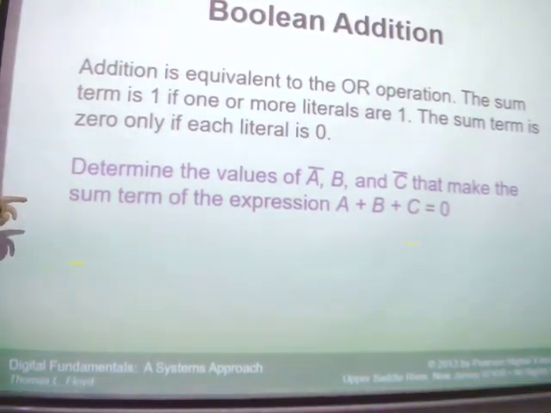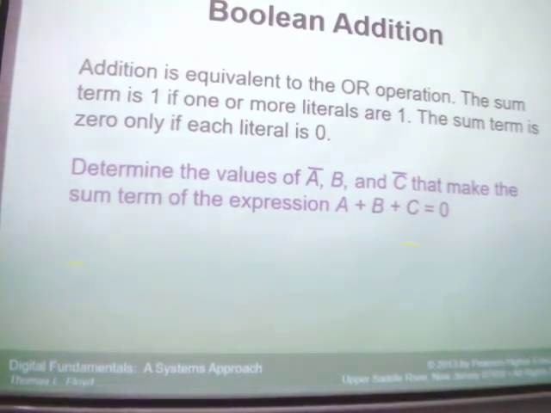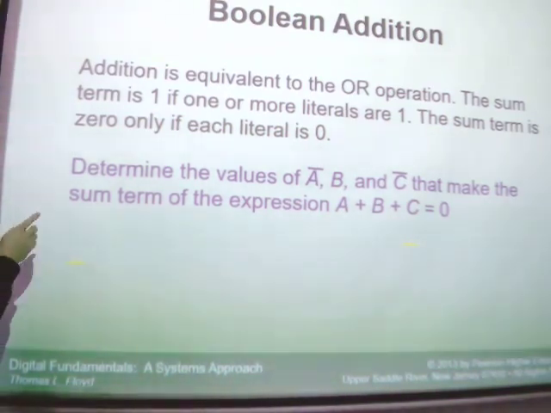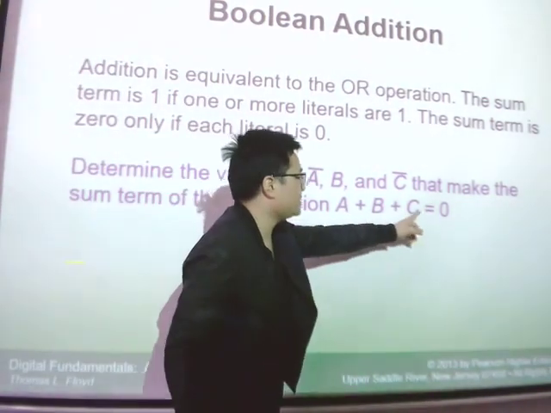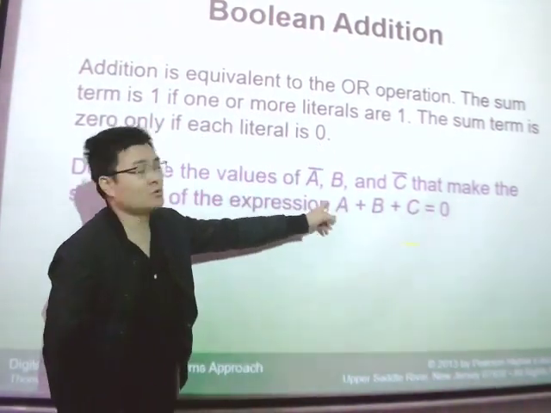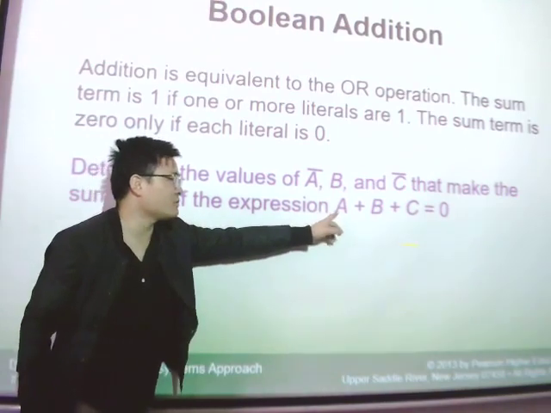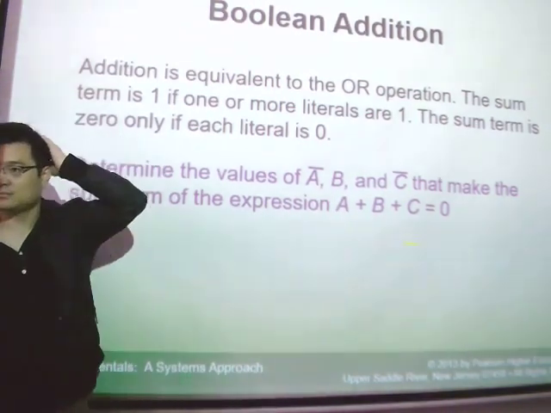According to the rules of the OR operation, if we want to make A or B or C equal 0, what are the values of A, B, and C?